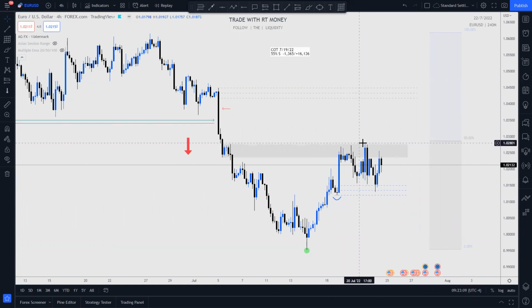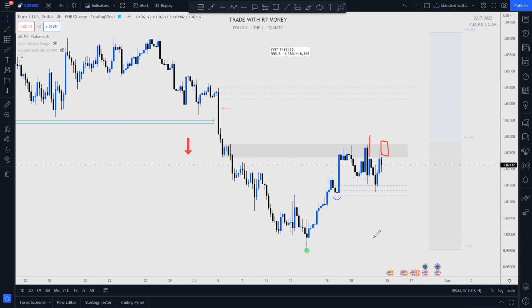What I'm going to do is wait for the higher time frame. I'm going to wait for price to take out this supply zone with a close, a break and close of the body above, not just a wick.